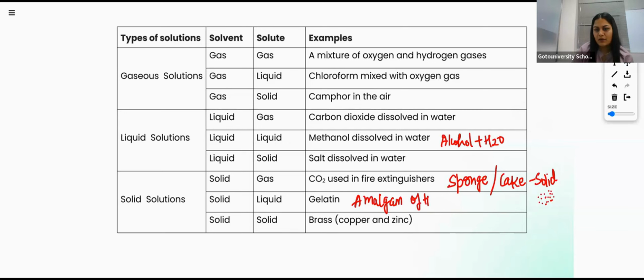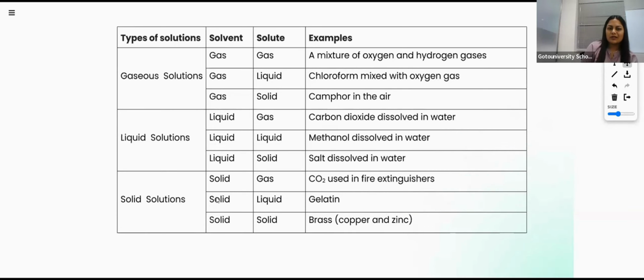It's an alloy of mercury in sodium, right? We have taken mercury as liquid at room temperature. So amalgam of mercury in sodium is also an example of a solid-liquid solution.